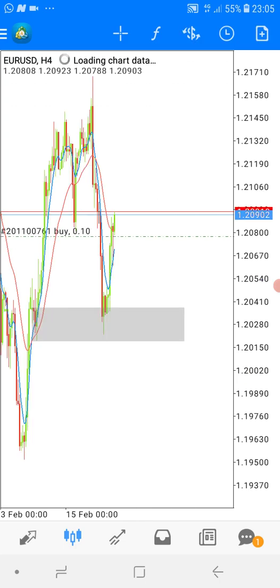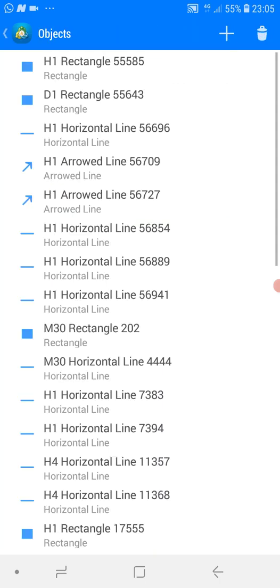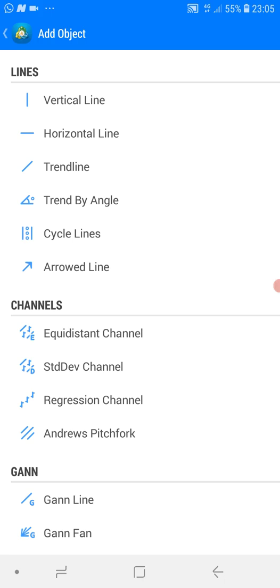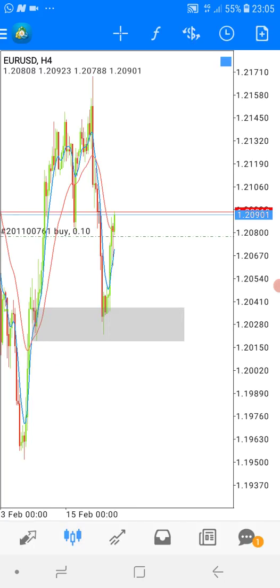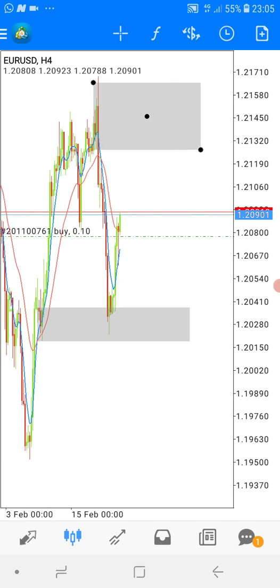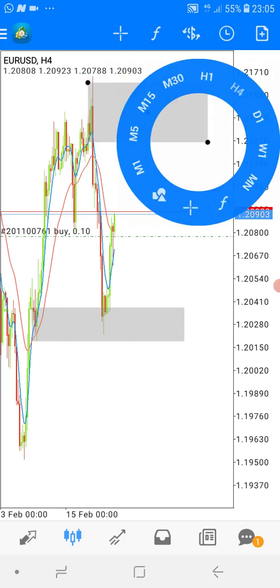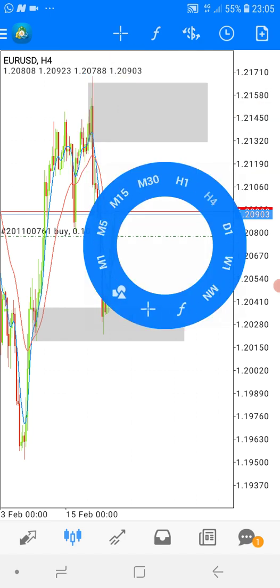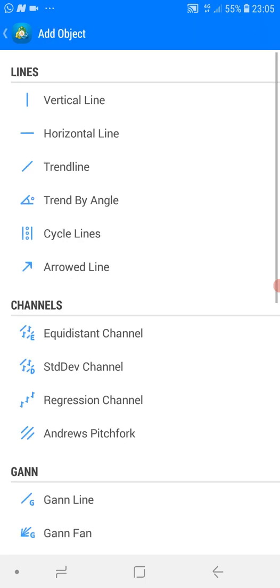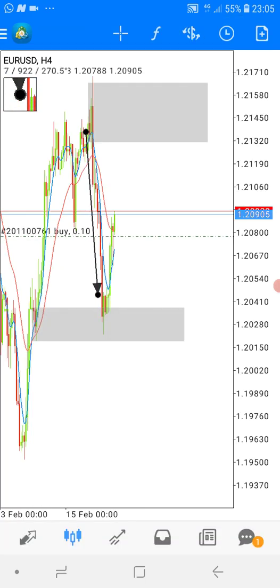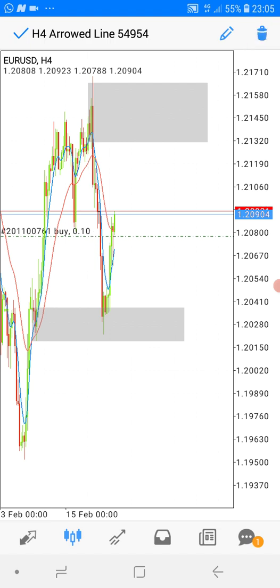So my target will be preferably at this zone right here, because that was the beginning of this particular impulse move on the higher time frame. This move here, we are testing this move here, so I'll be targeting that supply zone up there.